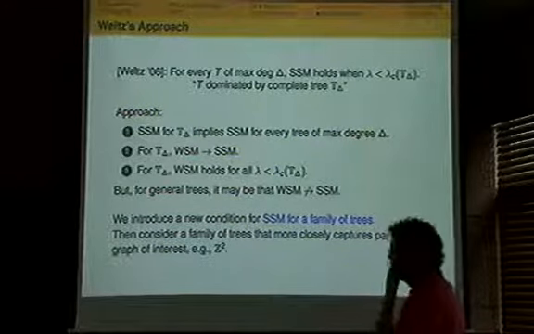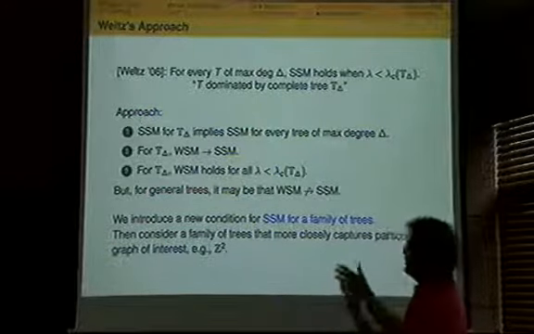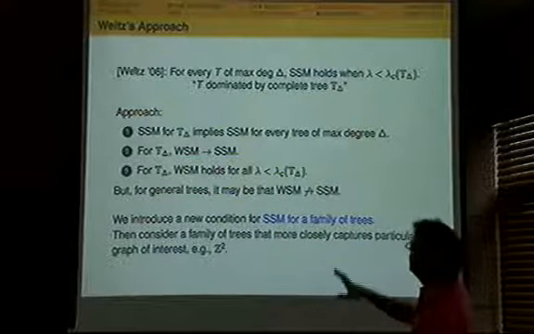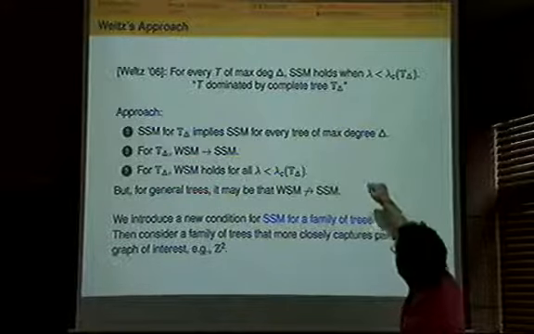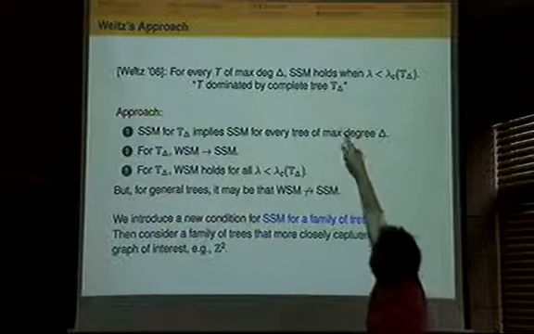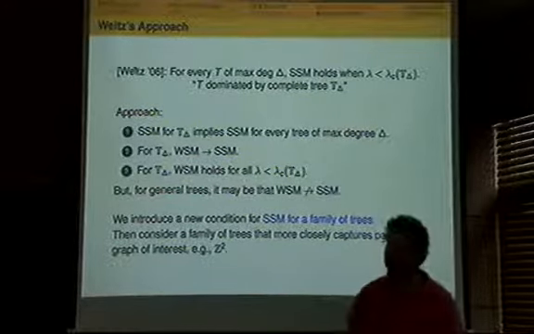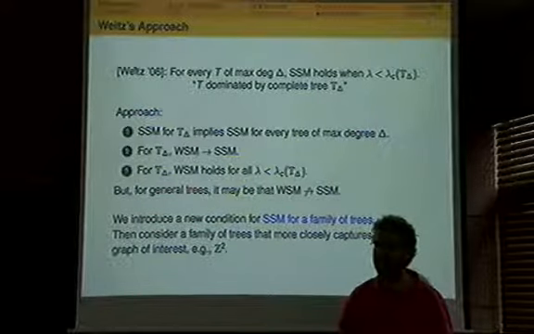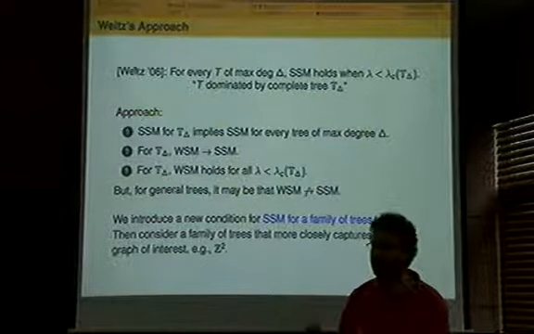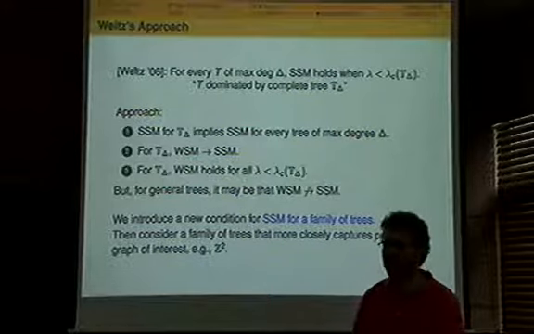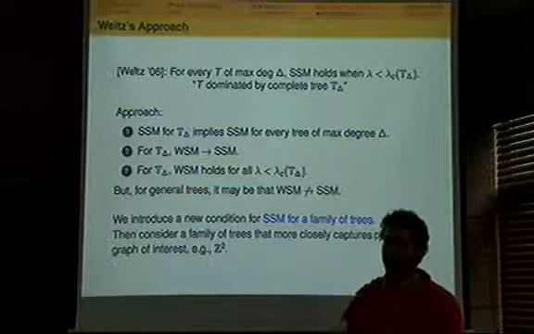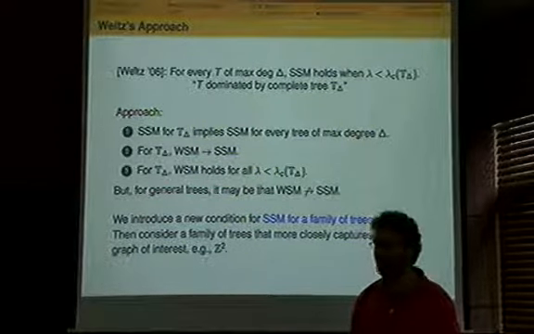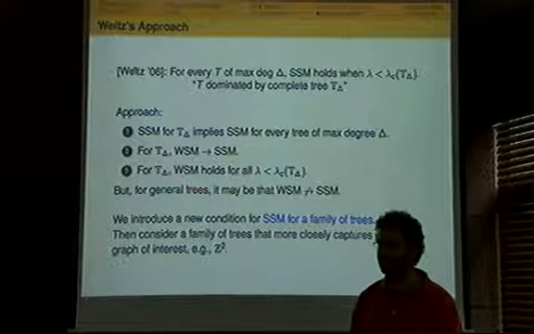Okay? So what we do is we want to look at the trees that arise when we take the self-avoiding walk trees. We're just interested in Z2, okay? So we're not going to get all trees. When we look at the self-avoiding walk trees for Z2, we get a particular family of trees in there, okay?